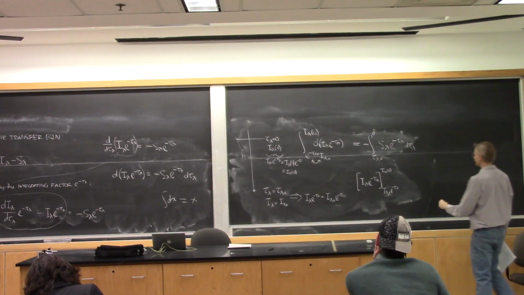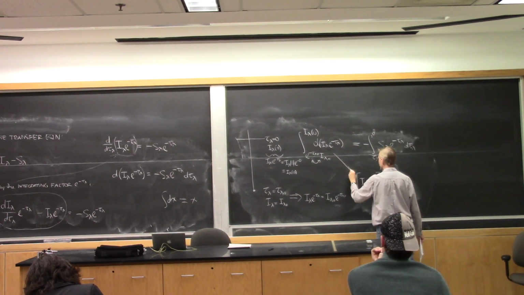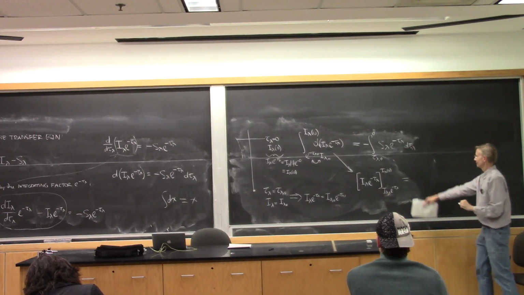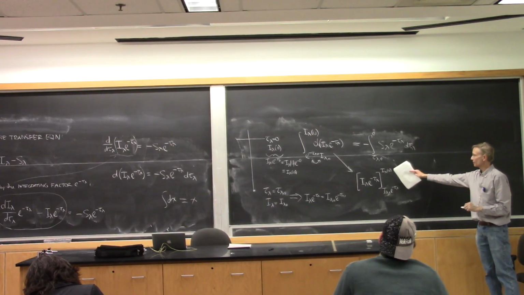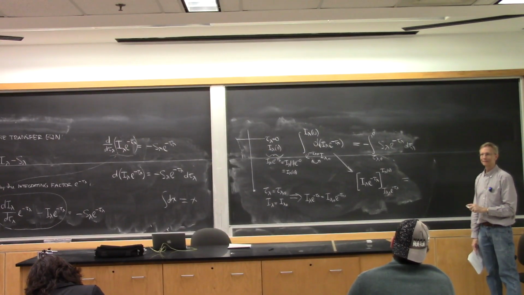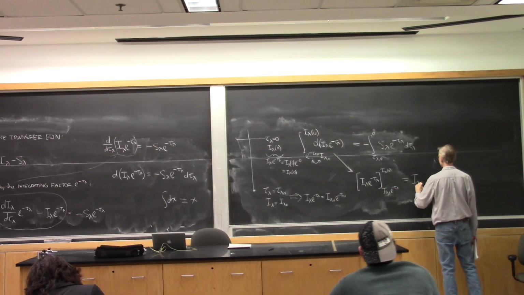So for this side, you get this, which is what? When I evaluate, what do I get when I plug in the upper limit and the lower limit? Yeah, right, it's just the usual thing.